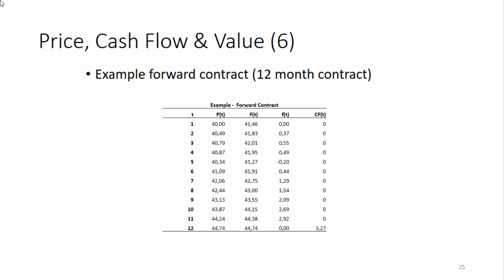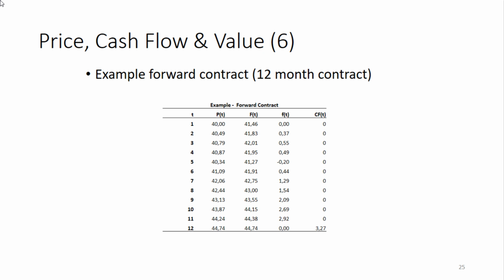Now you say, oh, well, actually, I'm not very happy that I already entered into a forward contract at time 1, because if I would have waited until time 5, the conditions would be far more favorable. I could have agreed upon a price of 41.27 to apply at time 12, but instead I agreed upon a price of 41.46. This means that your original contract now has a negative value of minus 20 cents, and so on.